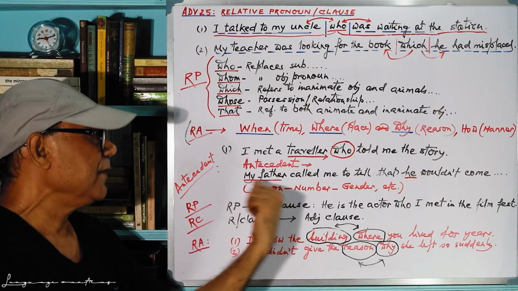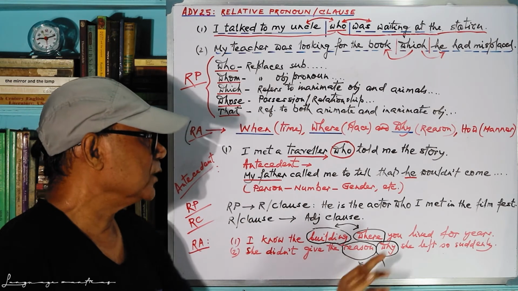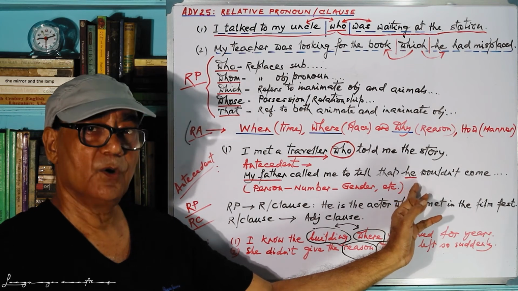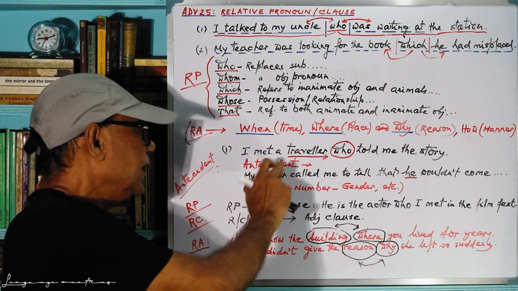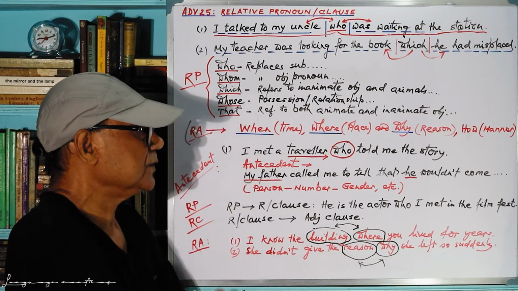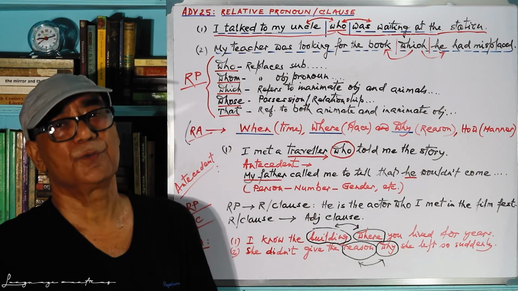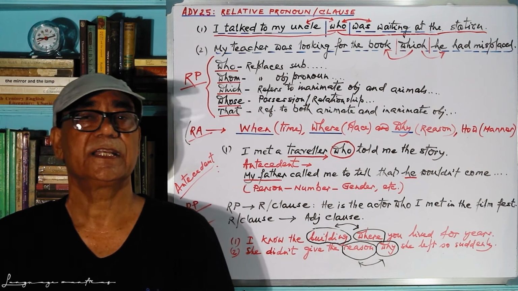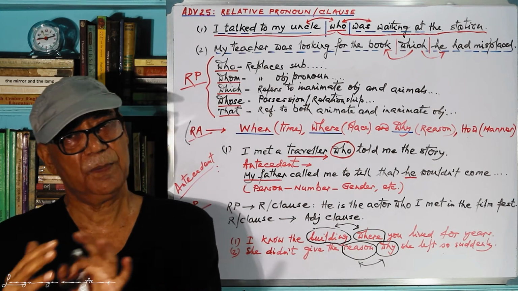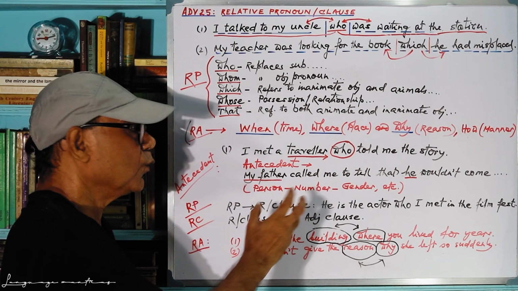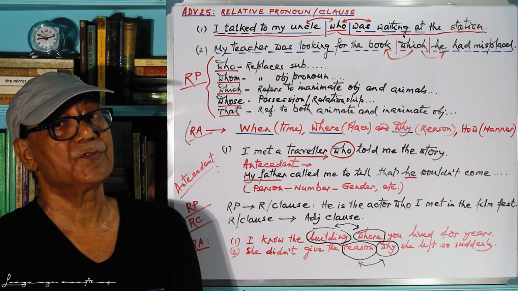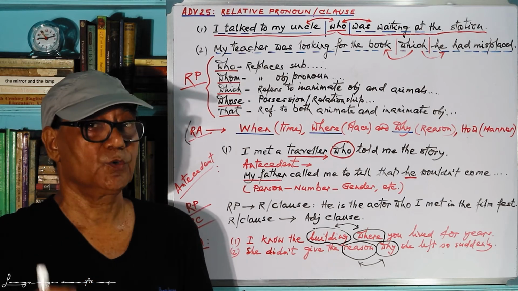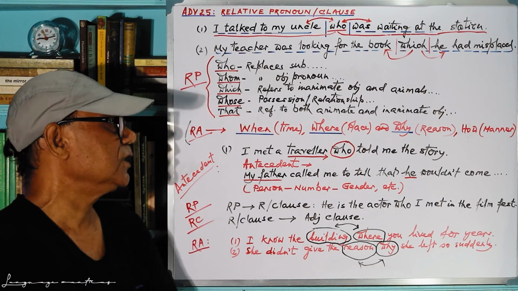That means my father gives meaning to this he, and now we understand who he is. My father is the noun part, and he is the pronoun part. A pronoun is a word that replaces a noun, and the noun that is replaced becomes the antecedent.